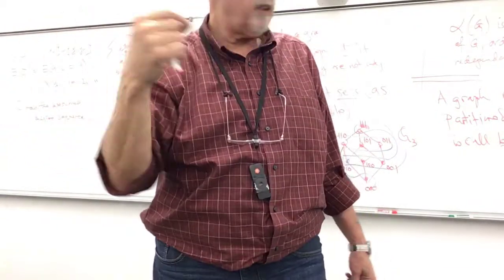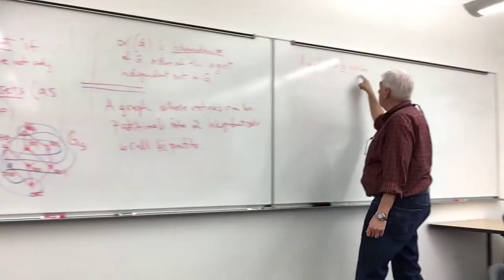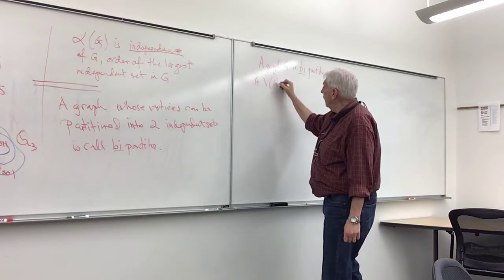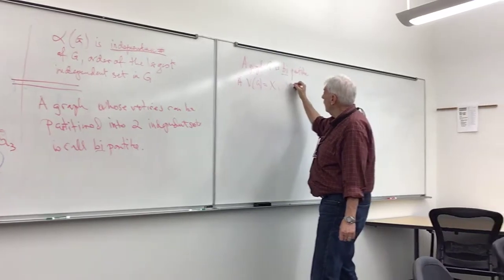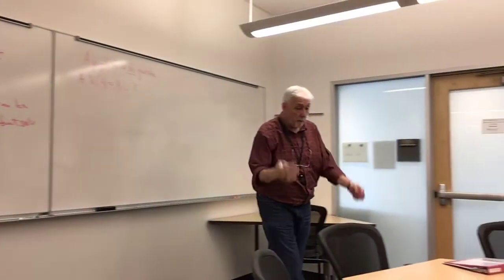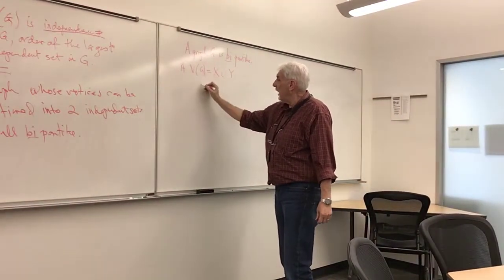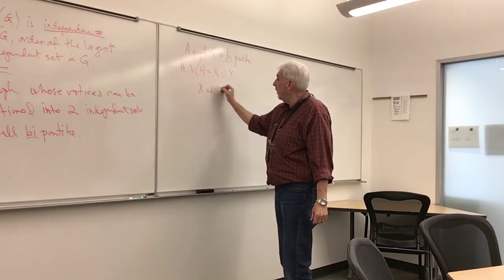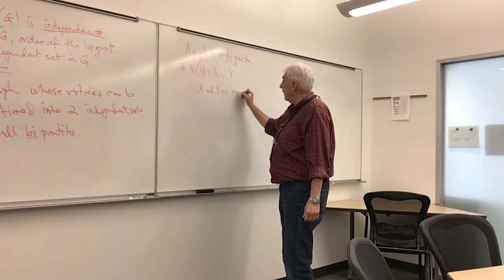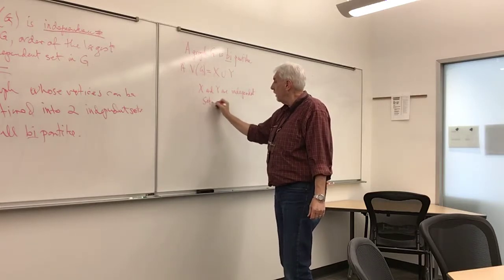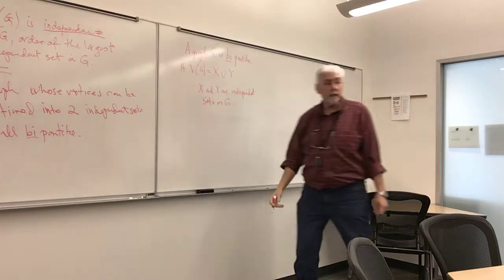That comes with the terminology G. So a graph G is bipartite if the vertex set of G can be partitioned into 2 sets X and Y so that X and Y are independent sets in G. Is it clear?